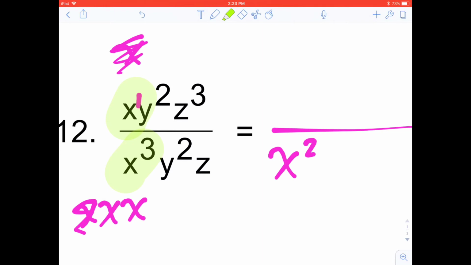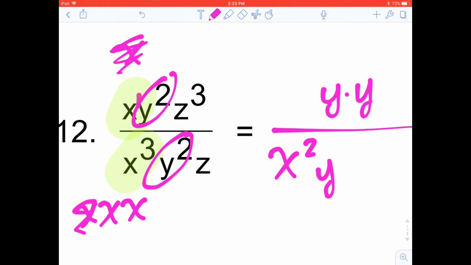So let's look at our y's. Y to the 2nd divided by y to the 2nd. If I have 2 y's on top and 2 y's on bottom, wouldn't I just be canceling those sets of y's out, and I wouldn't have anything at all, right? So they cancel out. And then let's look at our z.